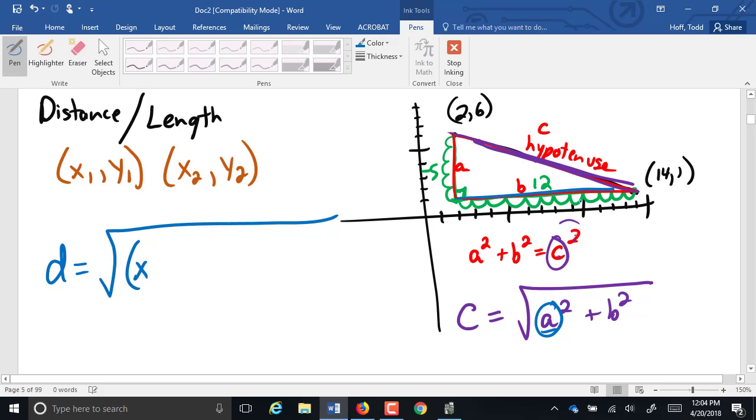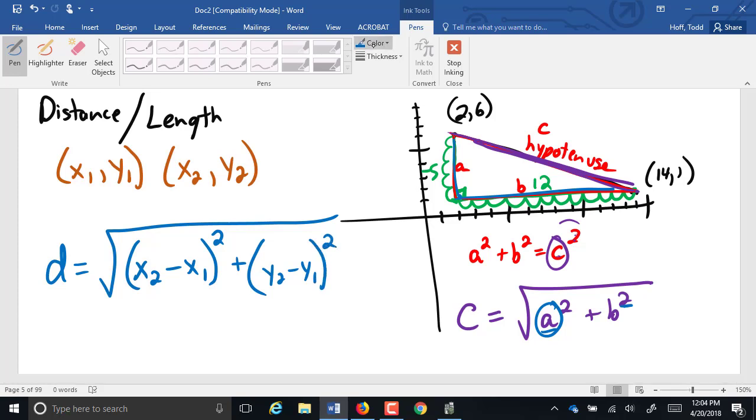The run was expressed in our slope formula as x2 minus x1. That's got to be squared. Plus our rise was represented as y2 minus y1. And of course, that length has to be squared. So from those points, I can find the length of that line.